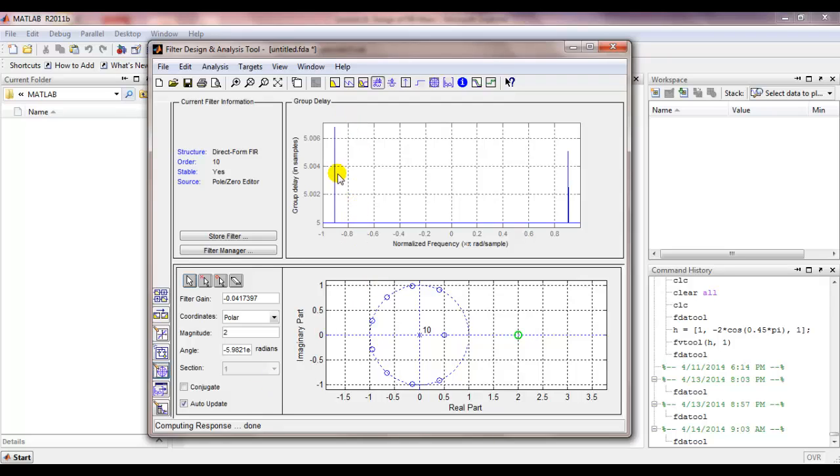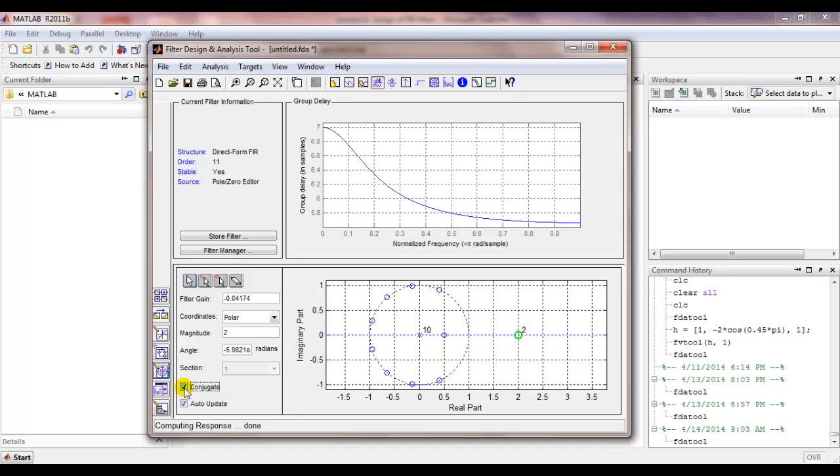These are sort of artifacts that we'll ignore for the time being. Okay. So these are the conditions, and in this FDA tool you have this conjugate radio button that you can click, which ensures that your impulse response is always real valued.